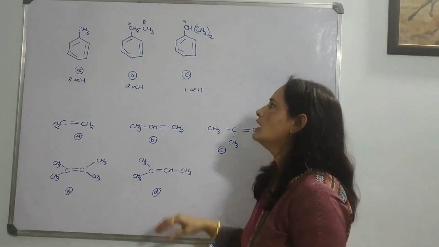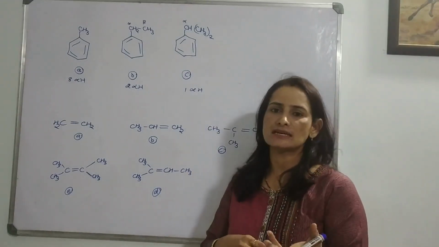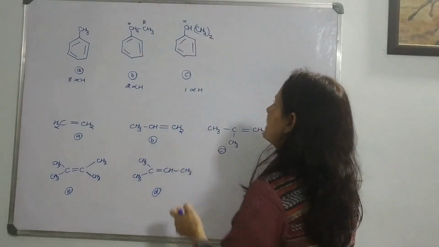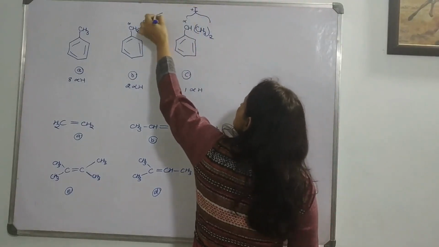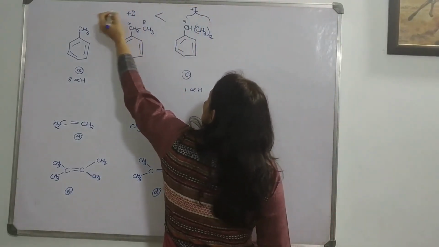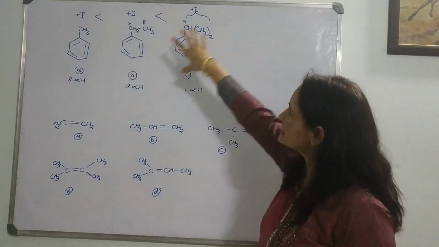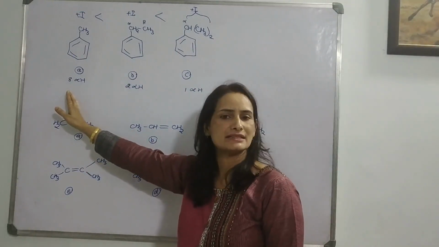Yes, that's true. But it is also true that plus I stability is lesser than the hyperconjugative stability. The plus I effect of this group is greater than this group and greater than this group. Plus I is increasing in this direction, but the hyperconjugation is increasing in the reverse.